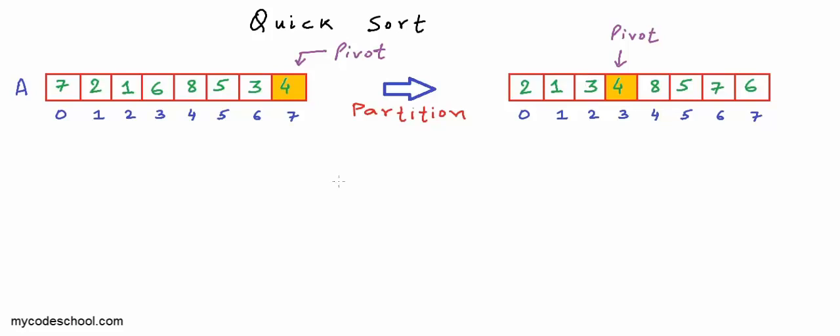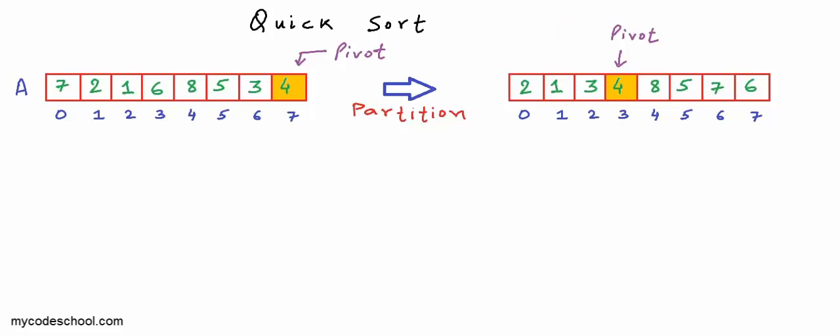There can be more than one possible arrangement in which elements lesser than the pivot will be towards the left and elements greater than the pivot will be towards the right. For example, 2, 1 and 3 are lesser than the pivot in this example. We could have had them in order 3, 2, 1 or 1, 2, 3. It doesn't really matter. We can have any one such arrangement.